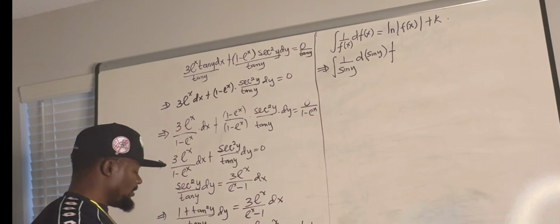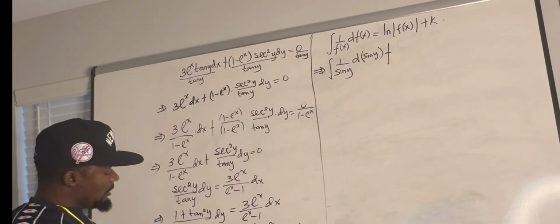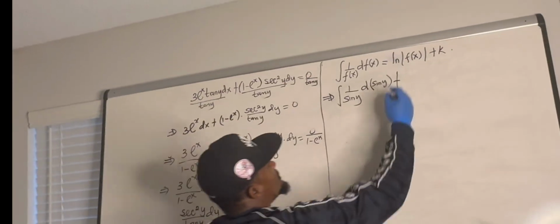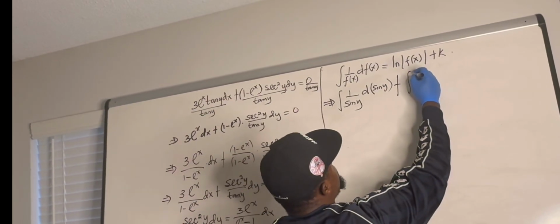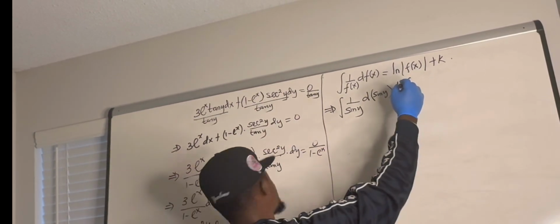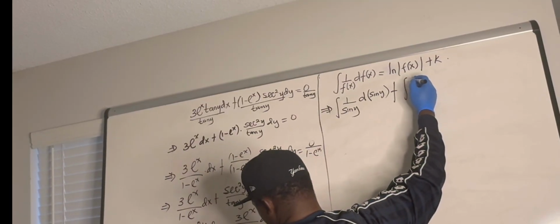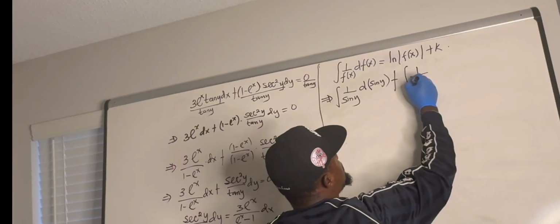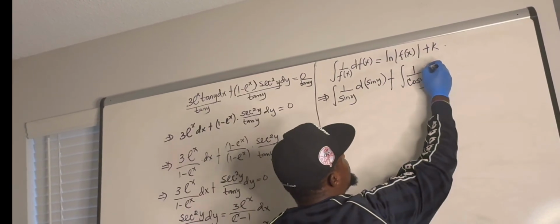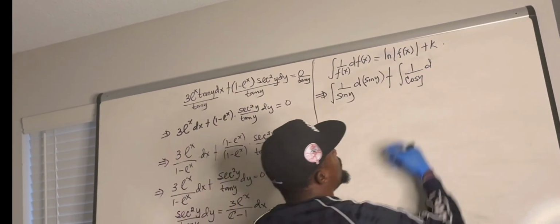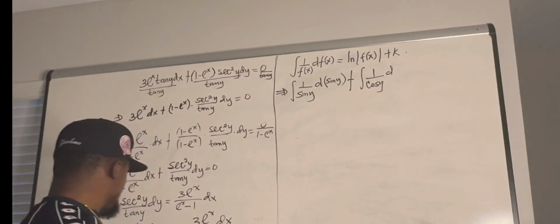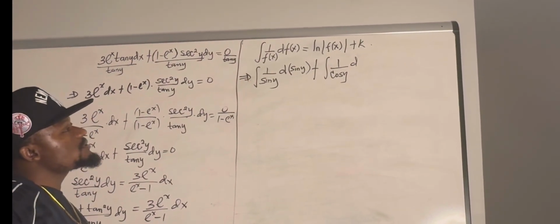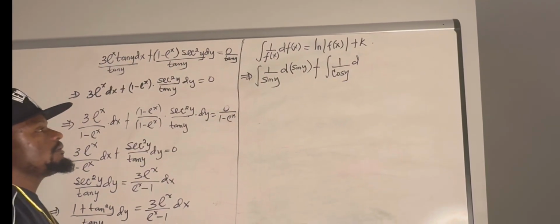Now, that's the first term. The second term is integral of tan y. Integral of tan y is the same as integral of sine y over cos y. So I can say 1 over cos y times the derivative of what can I differentiate to have sine? I can differentiate cos to have sine.